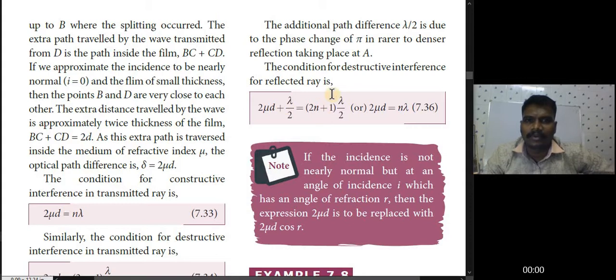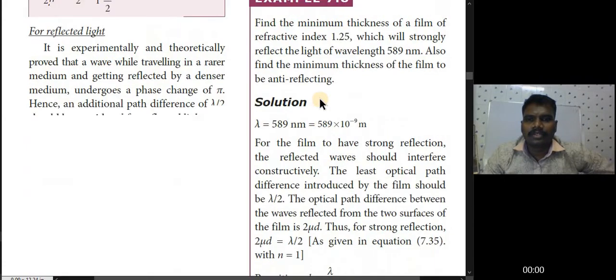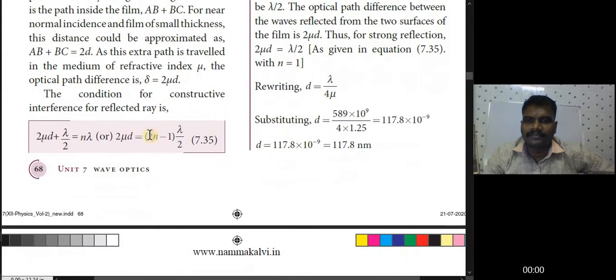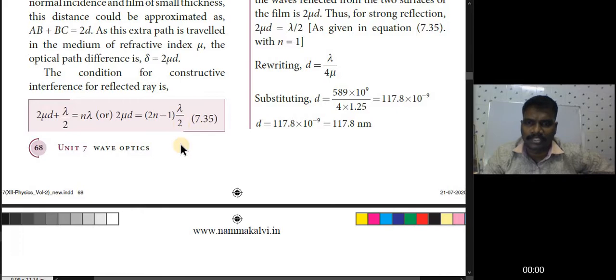So this is the formula for the destructive interference for reflected ray. These two formulas are very important for your objective type questions as well as 2-mark problem questions.